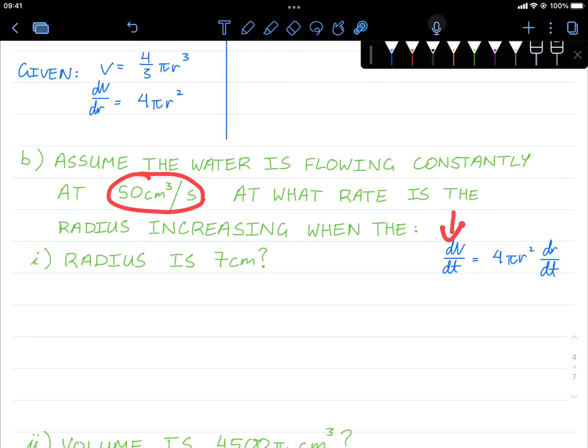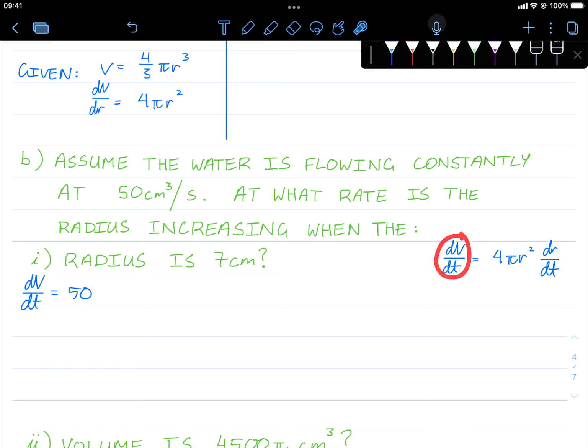Is that the change in volume over time, the change in the radius over time, or the change in the radius against the volume? Well, if you take a look, that is centimeter cubed. That there is volume. So in this particular question, we're being told that dV on dt is actually 50.